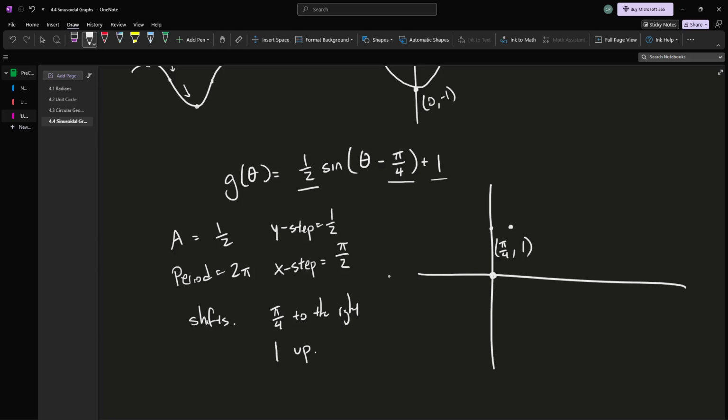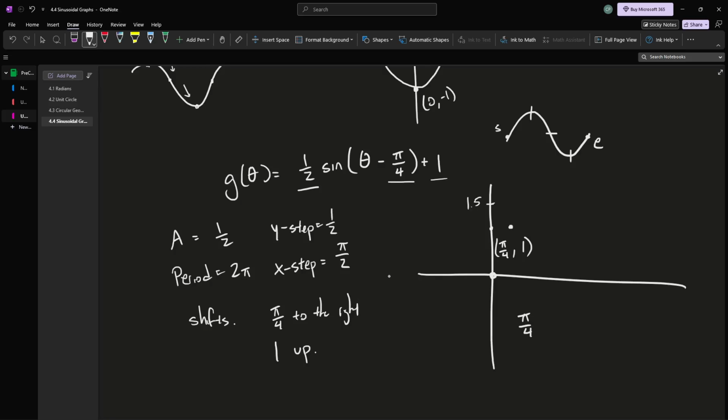And from here on out, we just do x step, y step. Looking back at our parent graph, this is my sine. Sine starts over here, ends over here. I go up to the middle, down to the middle. So I go up, 1 plus 1/2 is 1.5. And pi over 4 plus pi over 2, let's write it out.